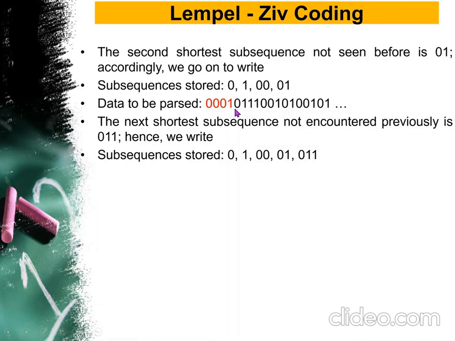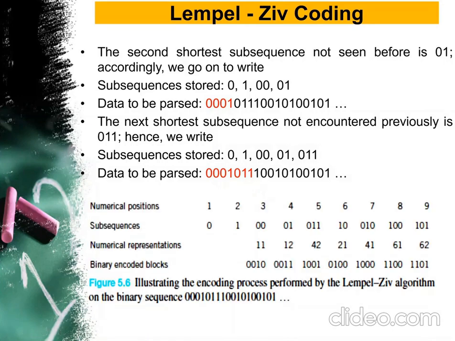So the fifth subsequence will be 0, 1, 1. We have completed data parsing up to the first 7 bits, which are written in red color. Then we'll continue doing so.